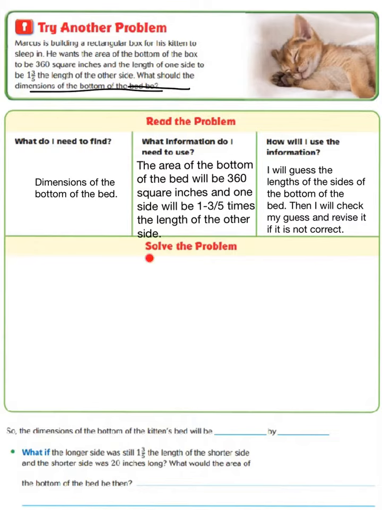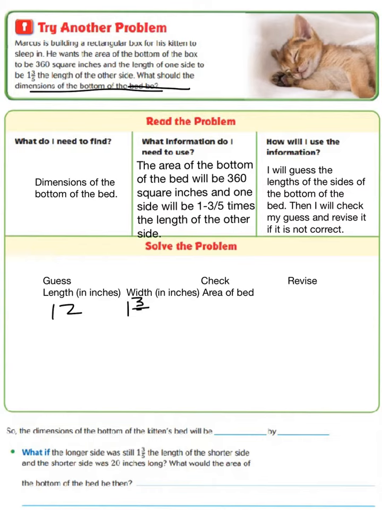So now, let's take a look at solving the problem. We're going to create a box, just like we did with our previous problem, which is going to be labeled with guess, check, and revise. All right, we're going to take a few examples here. So if our guess, which would be our length in inches, is 12, then we would take our 1 3/5 times the 12, which would give us 19 1/5 inches.